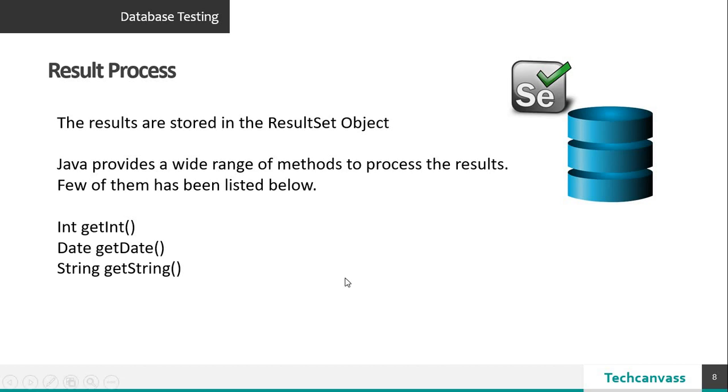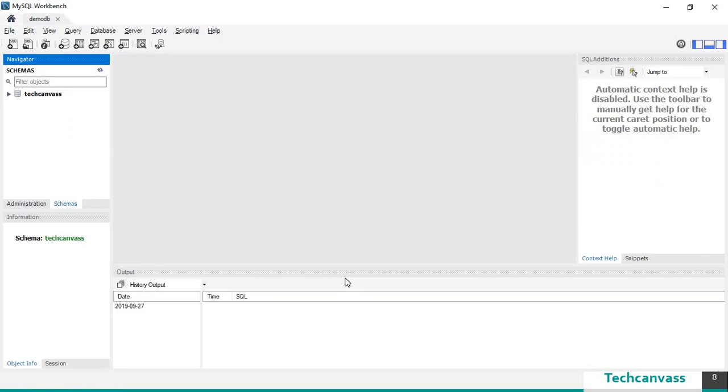So now let's take an example and try to automate this scenario. I have the MySQL Workbench installed in my laptop. So this is my SQL Workbench and I have a database called Techcanvass, as you see here. This database has a table called agents, which has two records. So let's query the agents table and see how many records we have.